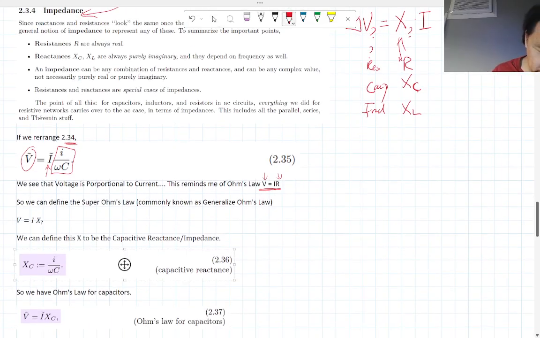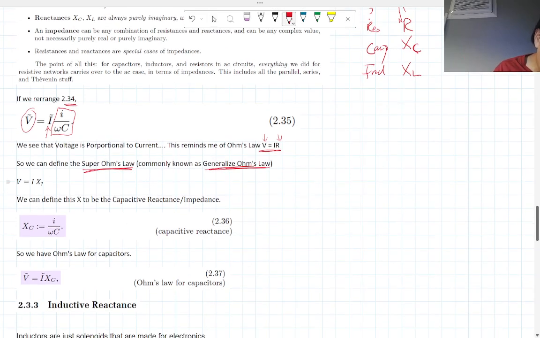So this is commonly known as Ohm's law, or I like to call it the super Ohm's law, where you just expand Ohm's law to anything as opposed to just resistors. Any voltage that you can equate to some current with some proportionality constant is going to apply to this super Ohm's law. And this applies to capacitors, inductors, and various other devices that we can use.